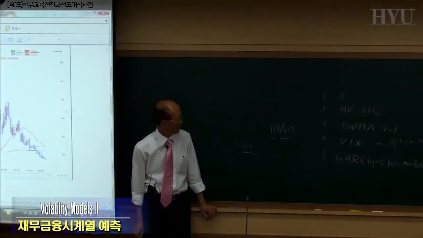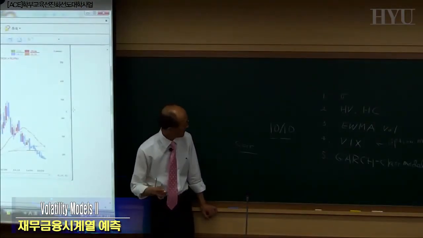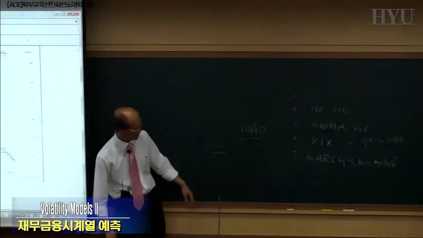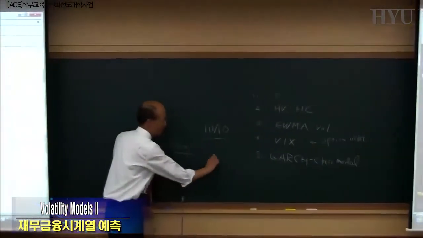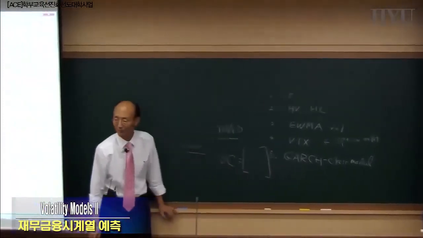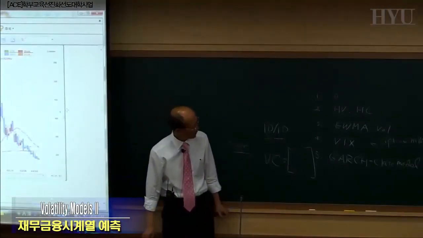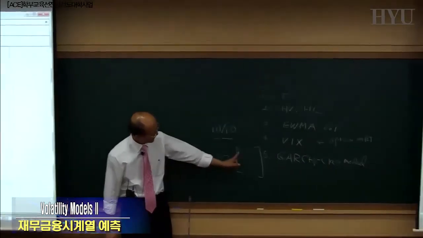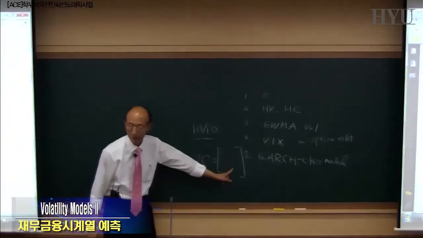Okay? And we know that the correlation has something to do with the variance covariance matrix. The variance covariance matrix has numbers on the diagonal.